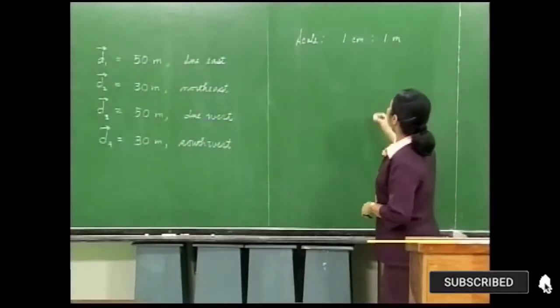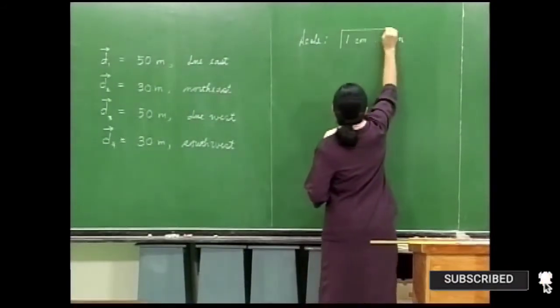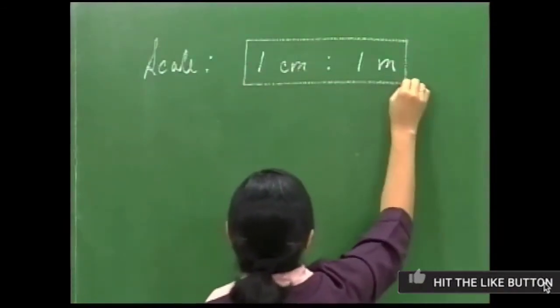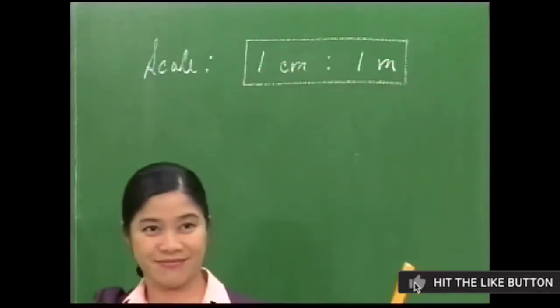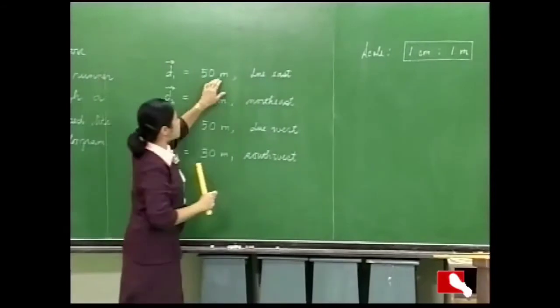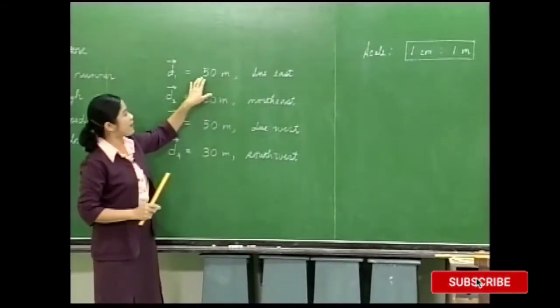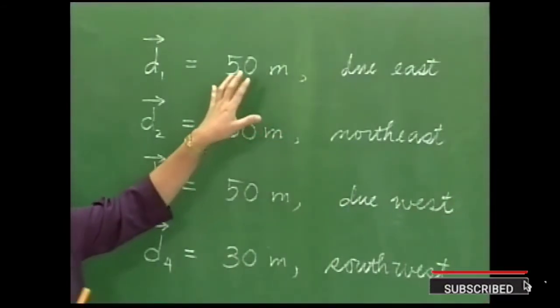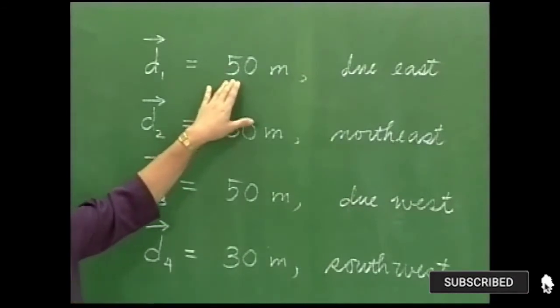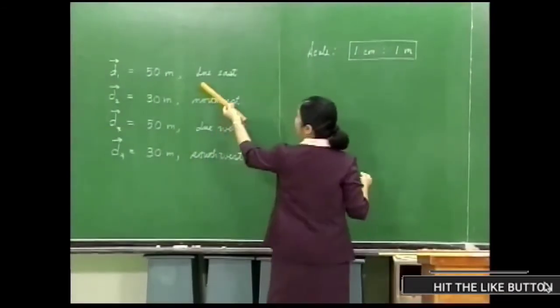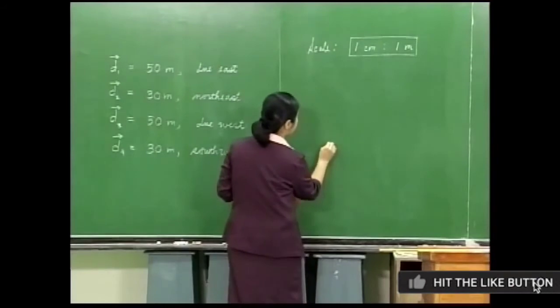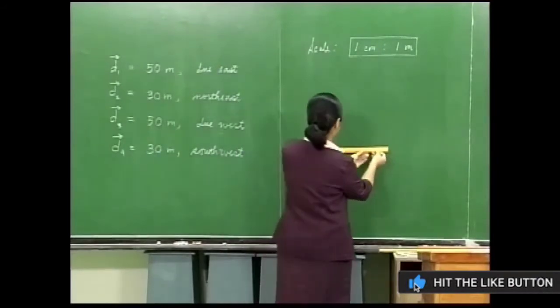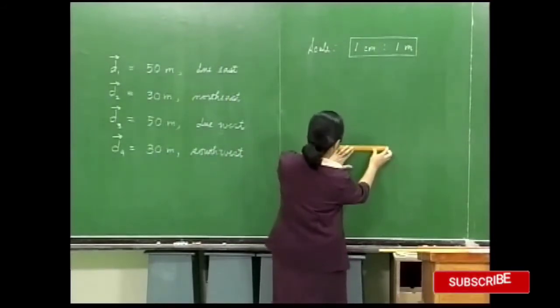This means that for every centimeter, I get 1 meter. Therefore, if I have 50 meters, I can draw my vector as how long? 50 centimeters. Okay? So now I go due east, say from one point here, I measure 50 centimeters.